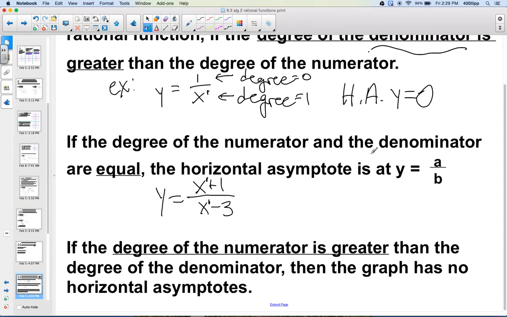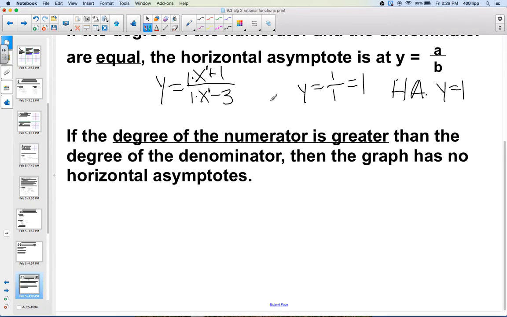So what you're going to do is take a over b, meaning the coefficient of x over the coefficient of x. And therefore we get 1 over 1, which is just a 1. So your horizontal asymptote is y equals 1.